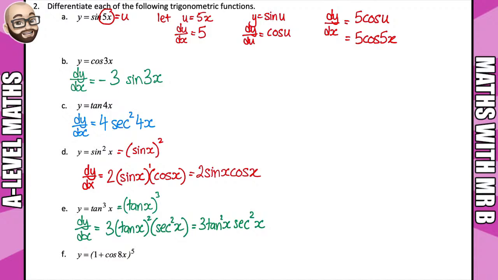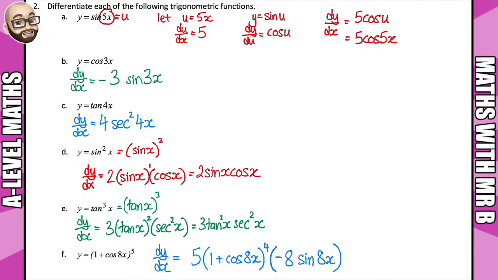And for the last one here, same idea. We're going to make dy dx equals, we're going to keep the bracket the same, but decrease the power and bring the old power down, times by this bracket differentiated, so 1 is just going to disappear, and then cos of 8x, if we try and differentiate that, cos becomes negative sine, the angle stays the same, and we also have to times that by the derivative of the angle, which was 8.